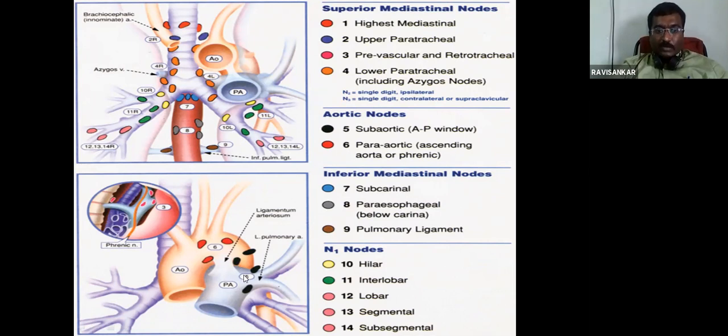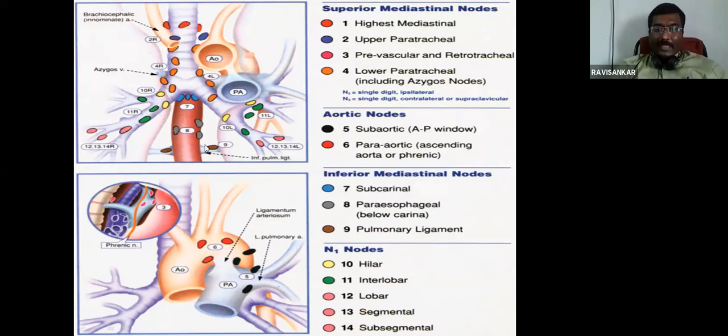Five is subaortic. Six is paraaortic. Station 7 is subcarinal. If you remember like that, you will be able to remember long term. 8 is paraesophageal. 9 is pulmonary ligament.